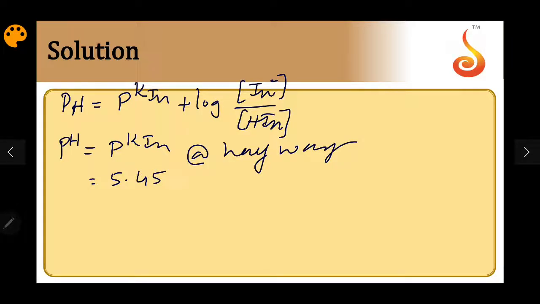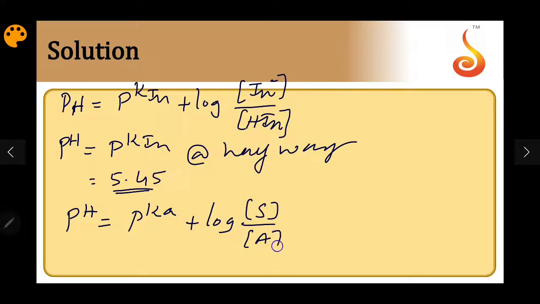So this is the pH. Now we have to substitute this pH in the buffer equation of sodium acetate and acetic acid. So for the buffer I can write pH is equal to pKa plus log of salt by acid. So 5.45, pKa of acetic acid is 4.75, plus log of salt by acid.